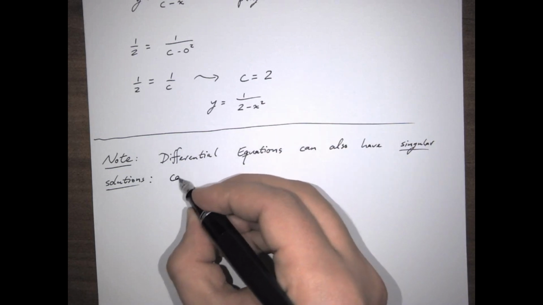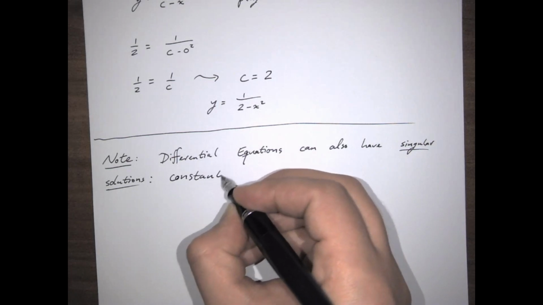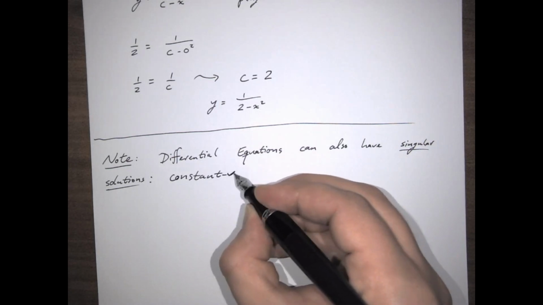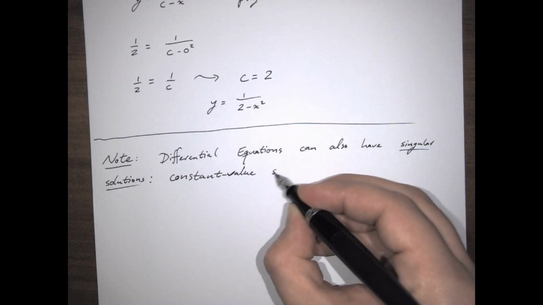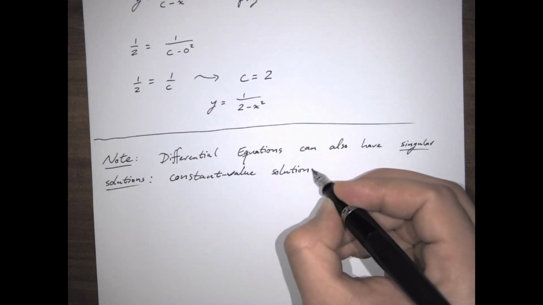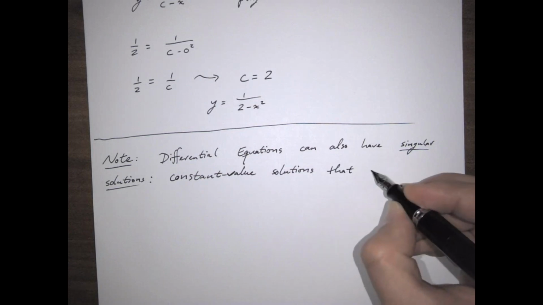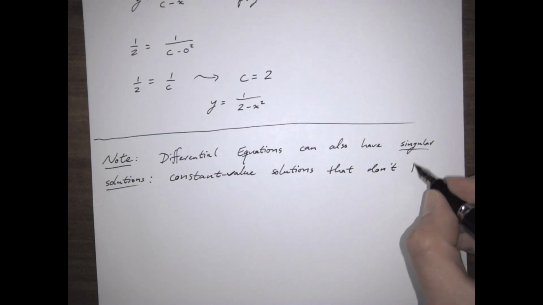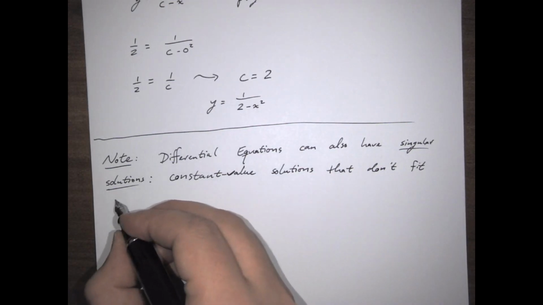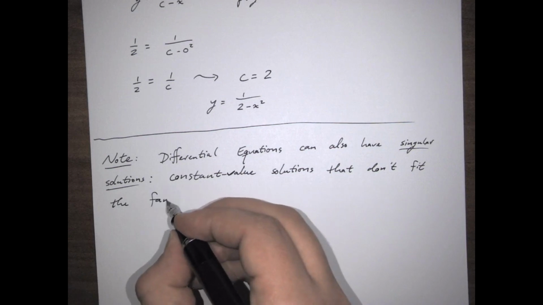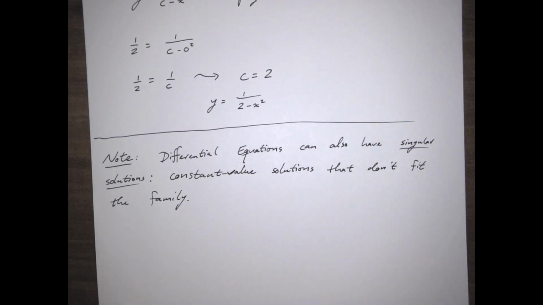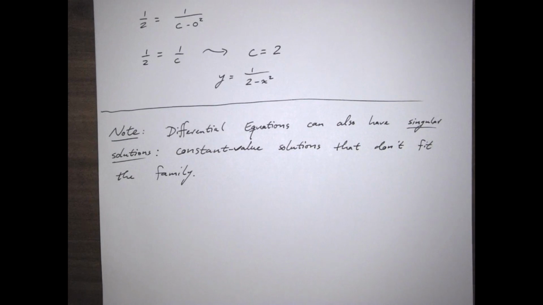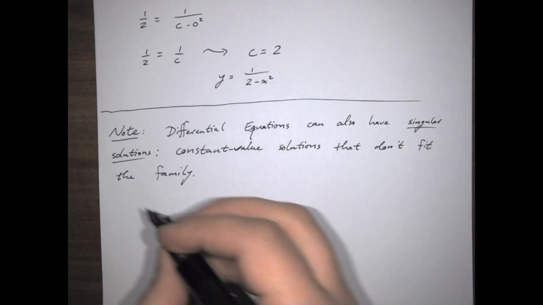So these are constant value solutions that don't fit the family. So these break the paradigm that the family of solutions appears to set for you, and they are other values.